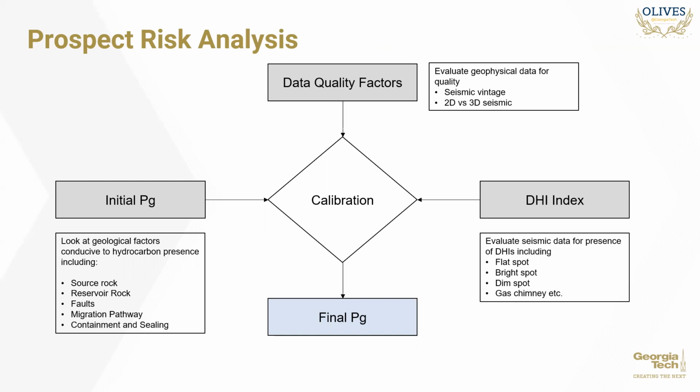We have the initial probability of geological success, also called initial PG, that looks at different geological factors. We have the DHI index that looks at different data factors. We have the different quality factors. And by looking at all of these attributes, the geophysicist is asked to arrive at a final decision: if you were to drill somewhere, would it be a successful prospect? Would it lead to oil and gas? Or would it be a dry prospect, for example?